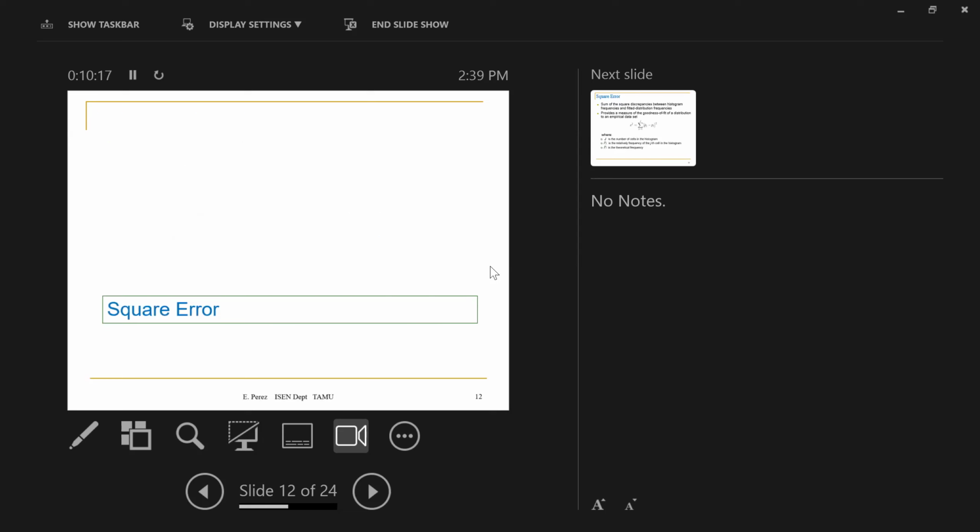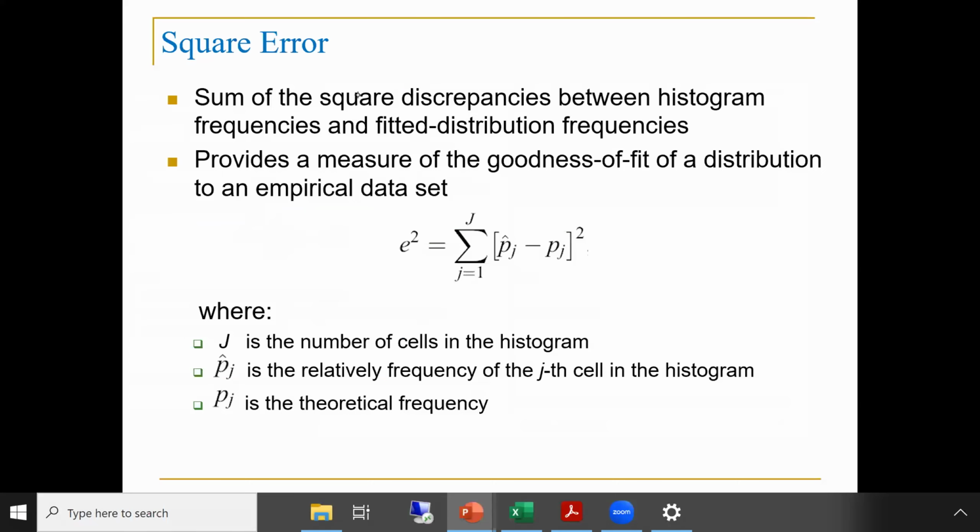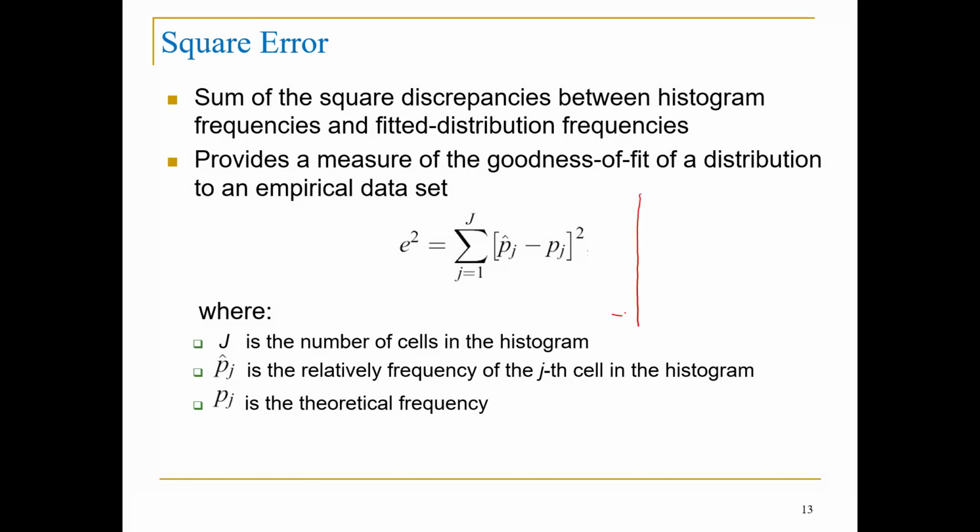Finally, we need to talk about the square error. This is the sum of the square discrepancies between histogram frequencies and the fitted distribution frequencies. So again, as I was saying, you typically will have a histogram with your frequencies for the data that you observe. And then what the software is going to try to do is fit a PDF based on the shape of those probability distributions.